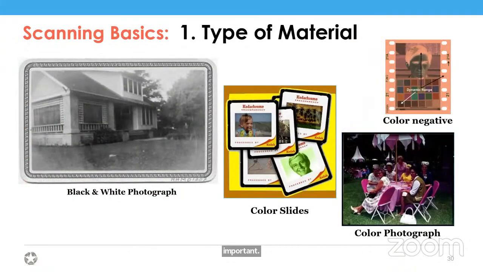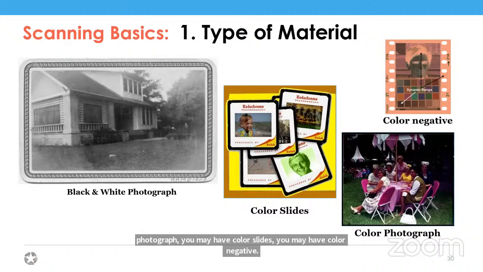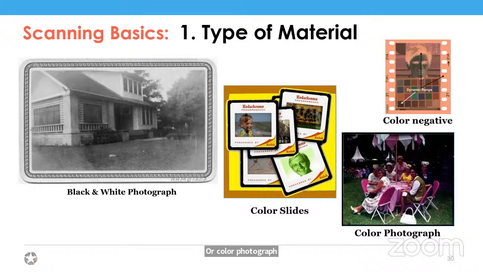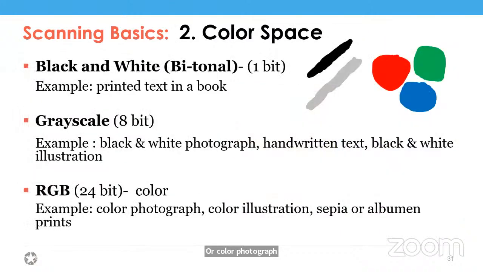So in the type of material, you've got a black and white photograph, you may have color slides, you may have color negative or color photograph. And you might have a two color space.